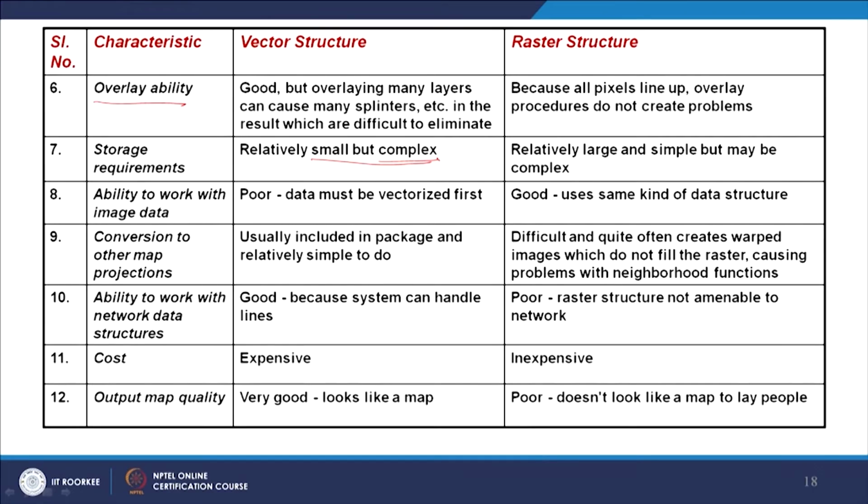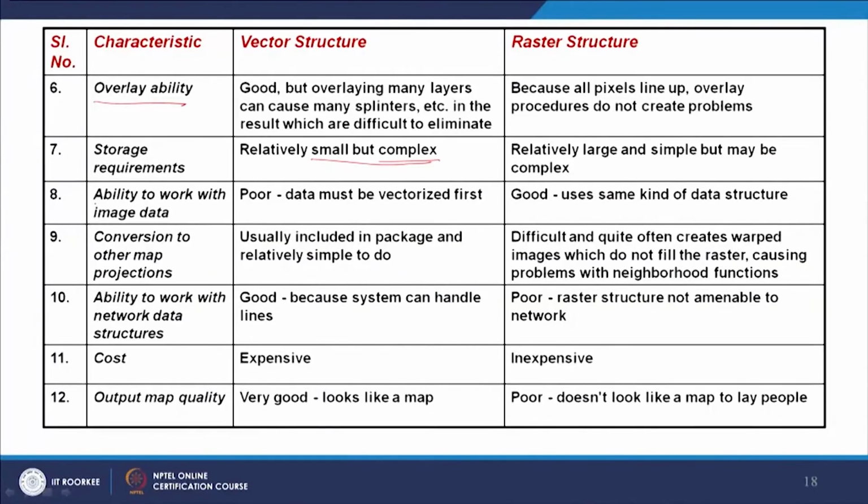Because sometimes there may be only one data file like a .tif file, or sometimes you also have compression information and other things, so two more files might be there. That is why I said that the number of files per layer in case of raster on a computer system is going to be less compared to vector.